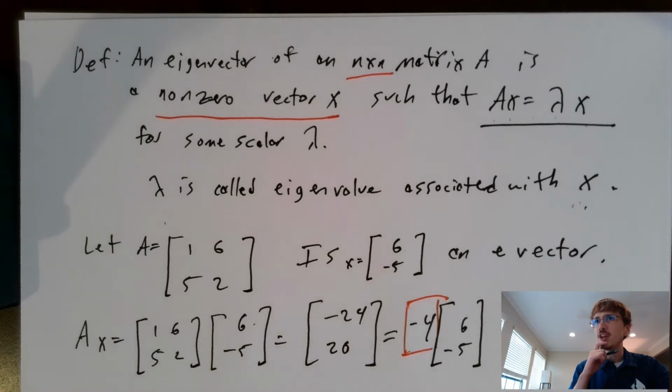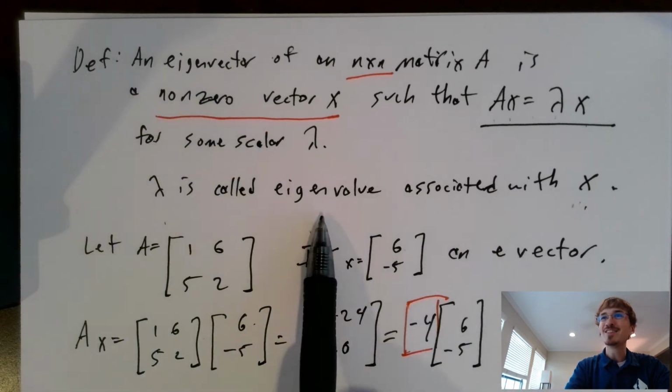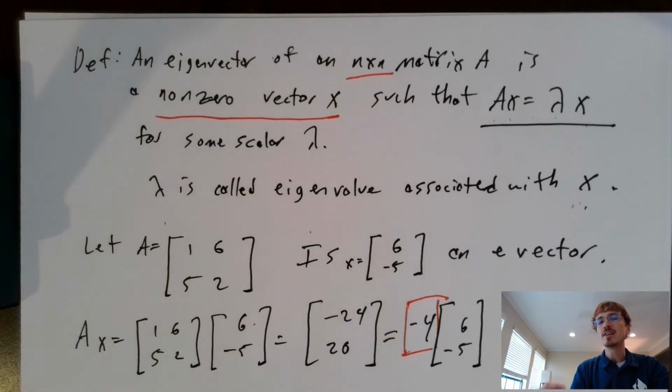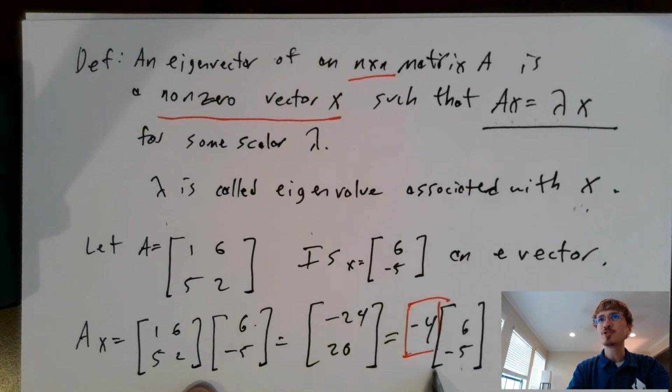Before we move on and do more examples, let's talk about what this is doing. Eigen comes from German, and it means something like "the same." So what is A doing to this eigenvector 6, negative 5? It kind of preserves the vector, doesn't it?